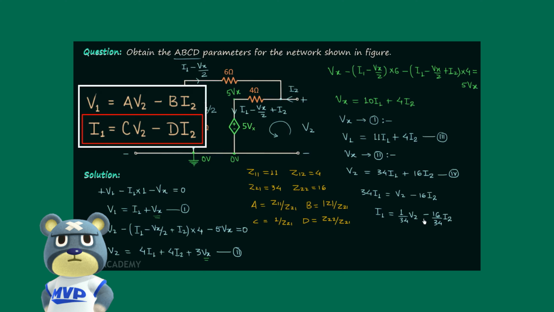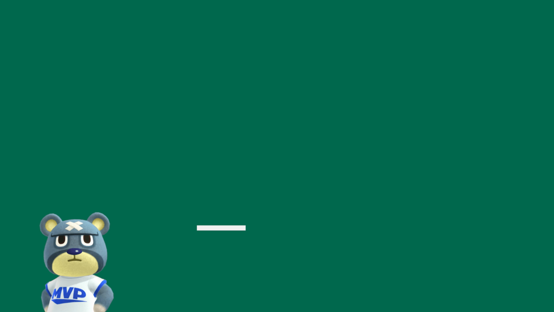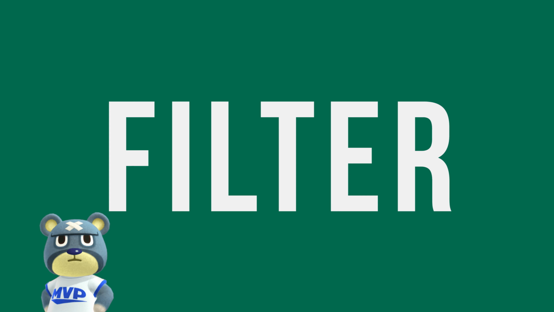When you compare this equation, let's say equation number 5, with the second equation of ABCD parameters, you will find parameter C is equal to 1 divided by 34. When you solve it, you will have 0.02941, and parameter D is equal to 16 divided by 34. When you solve it, you will have 0.4706.